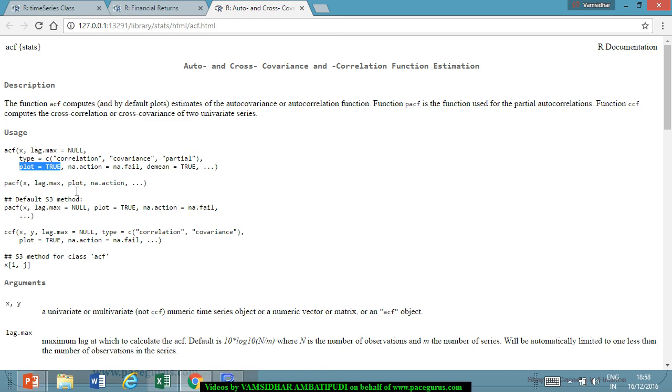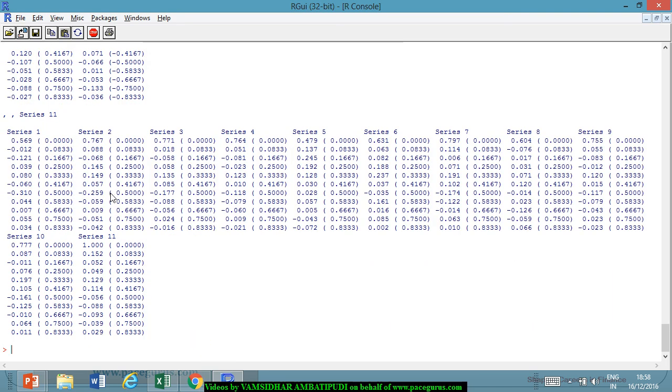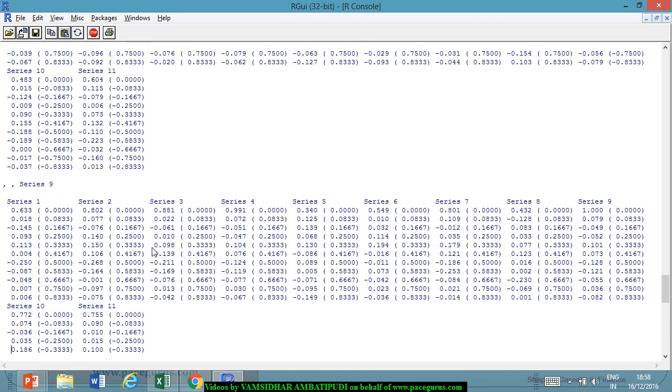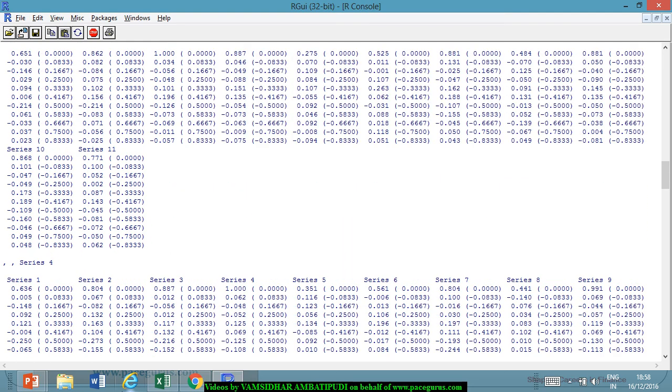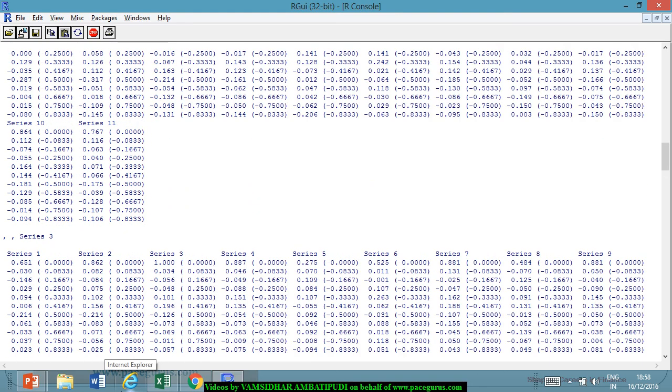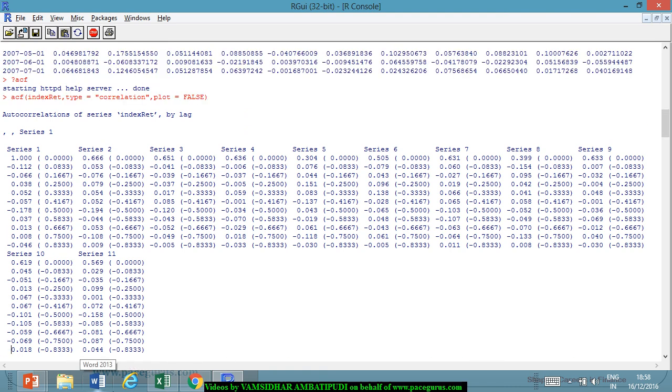By default the plot is true, so let me set plot to false so that I get the values. This is much better for me to understand, because with so many complicated series our graph was looking problematic. If it had been one single series it would have been more comfortable.